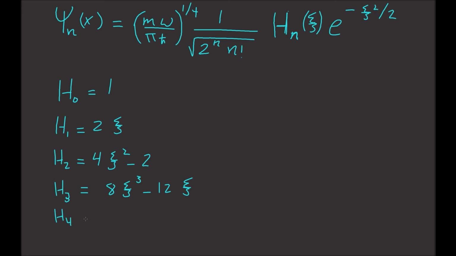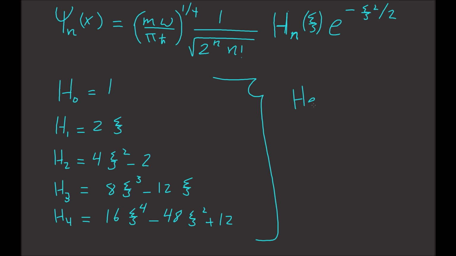You can look them up, but I'm just going to list the first 4. h4 is equal to 16ξ to the fourth minus 48ξ squared plus 12. These are called the Hermite polynomials.